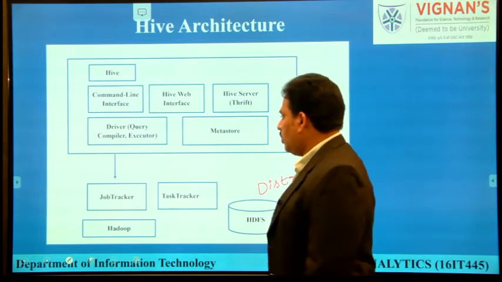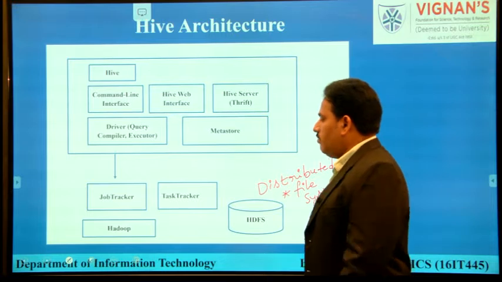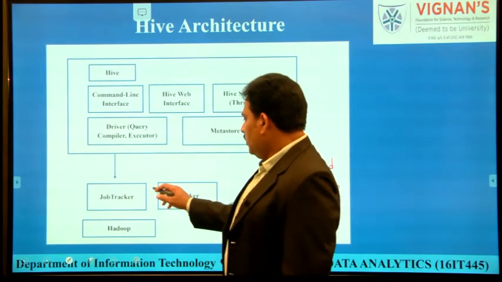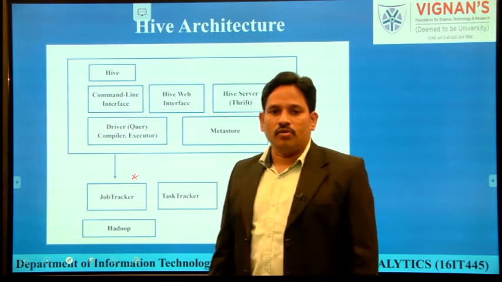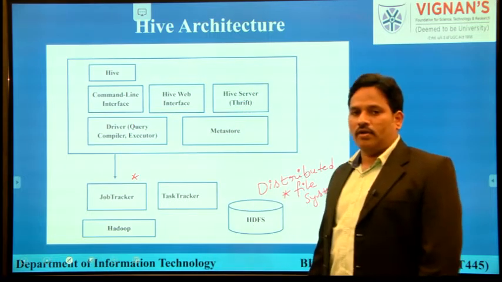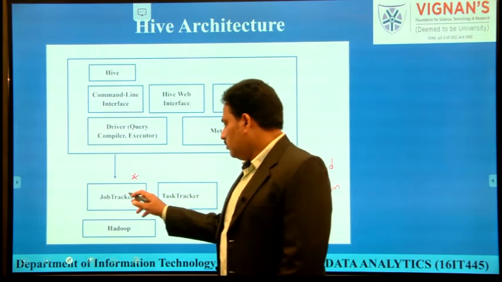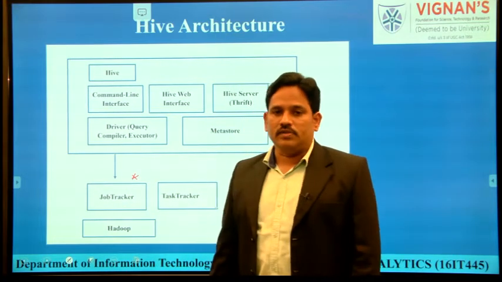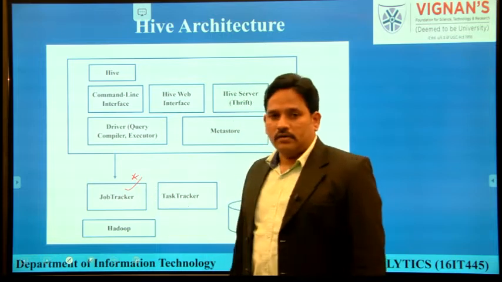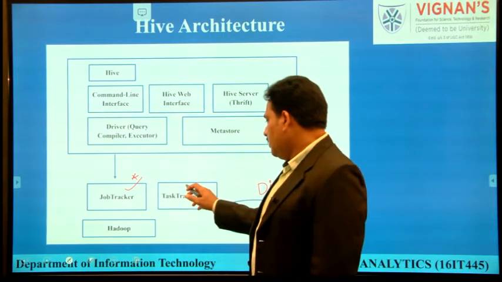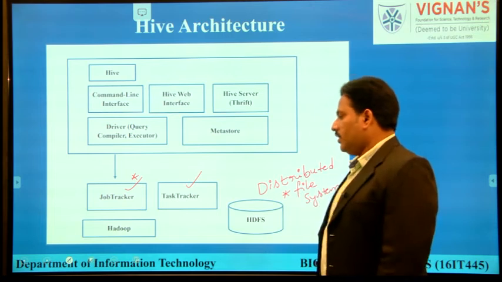And as with the components of Hadoop, Hive also has components. That means in the distributed environment, whatever job is assigned to each and every node, whether it is a name node or a data node, primary node or secondary node, is tracked using the job tracker. And task scheduling and task monitoring is done by the task tracker.